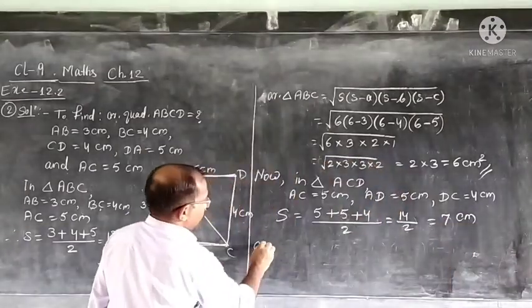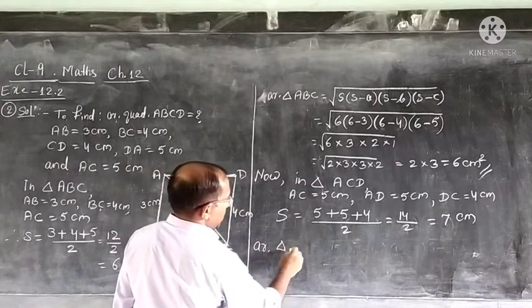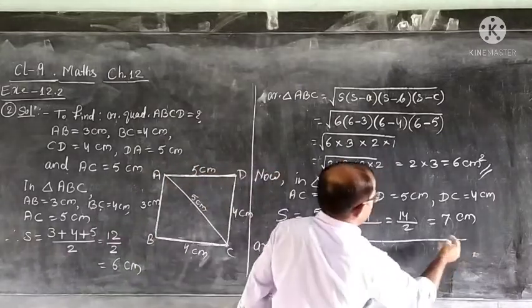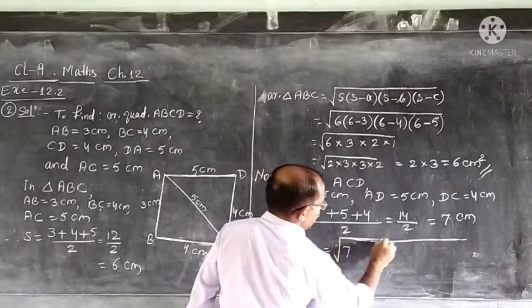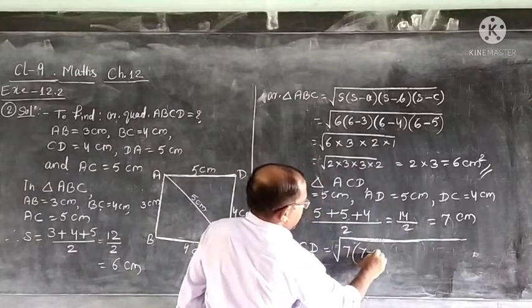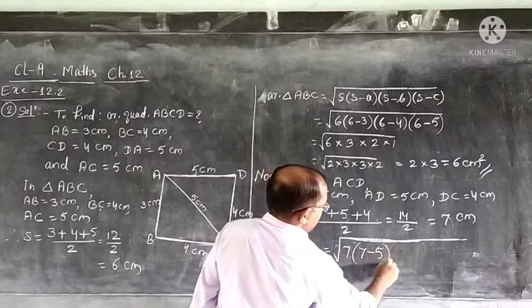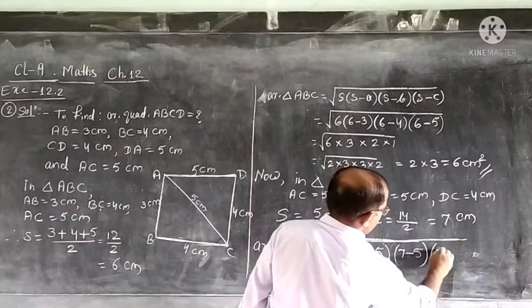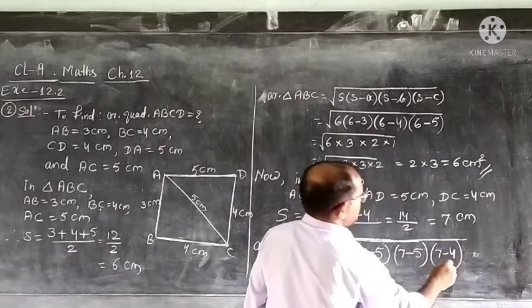Then area of which triangle are we working on? Area of triangle ACD. We will not write that formula here, straight we go semi perimeter, S minus first side, again S minus second side, and S minus third side.